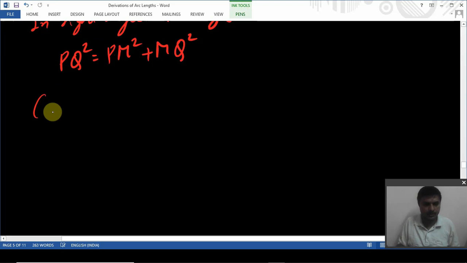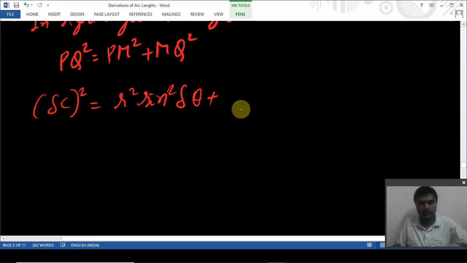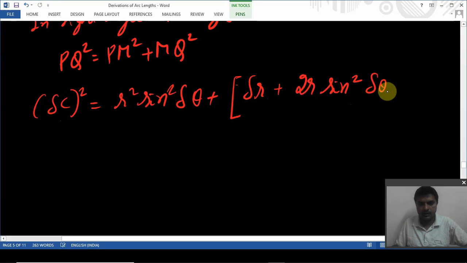PQ, please remember, this is delta C the whole square, is equal to PM square, R square sine square delta theta, plus, just now we have calculated MQ square, which is nothing but delta R plus 2R sine square delta theta upon 2 the whole square. So this is all I have substituted the values.